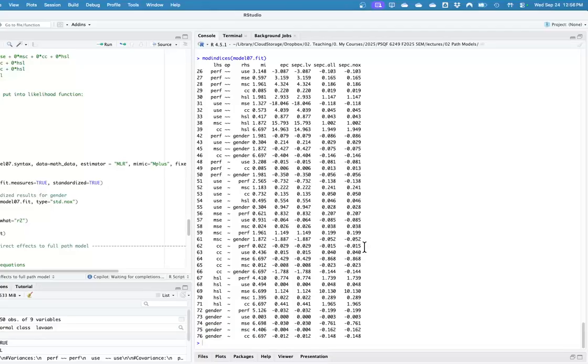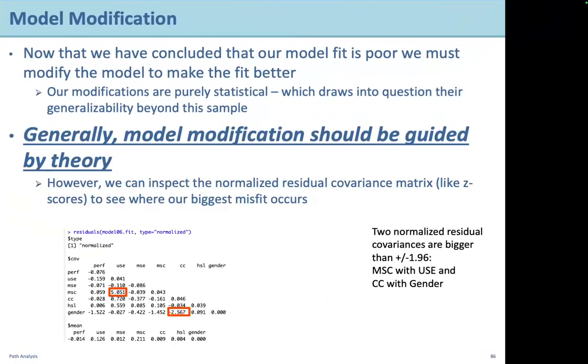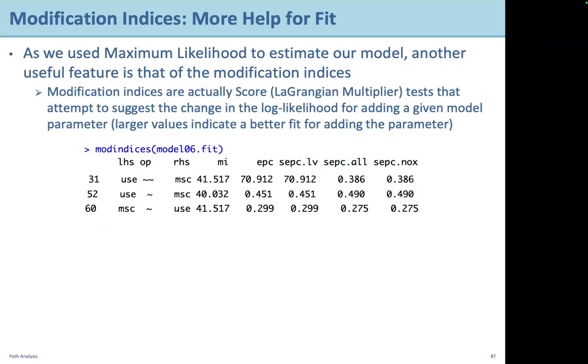So what happens, you fit a model, if it doesn't fit, you look at the residual covariance for guidance as to why it's not fitting, right? Make note of which variables are involved in that, and then go and figure out the modification indices that only involve those variables. If you choose to add that parameter, start that whole process one more time.